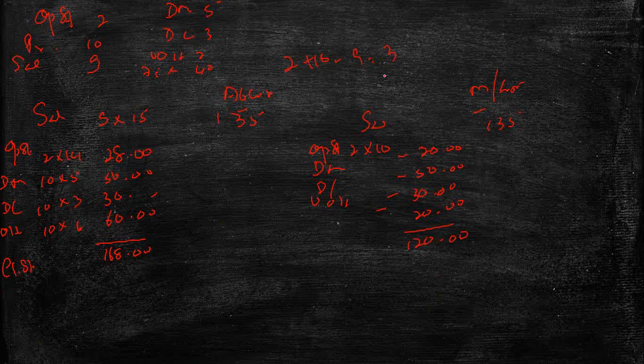So under absorption costing, you will value the closing stock at what price? 14. Total cost is 14 per unit, so you will value it again at 14. So your closing stock is 14 into 3, 42.